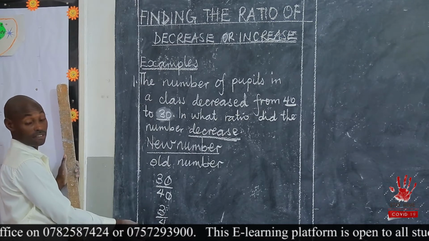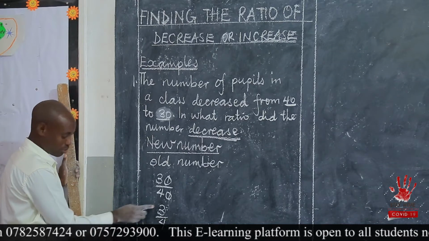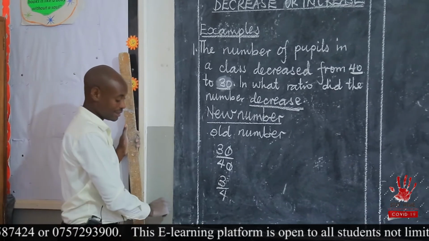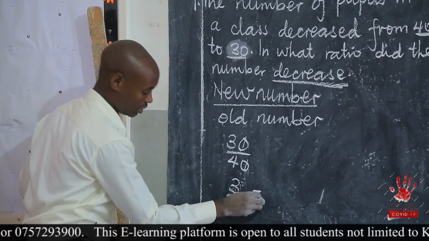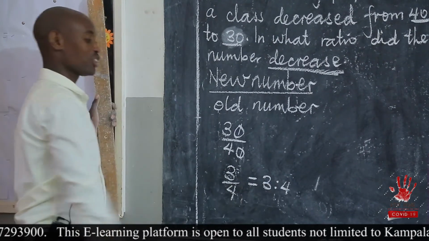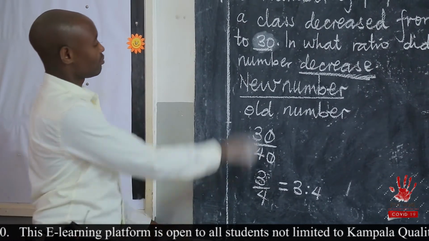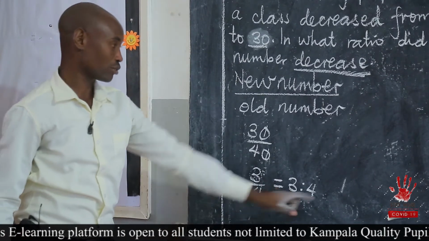Can this fraction be further reduced? We don't have common factors here. So how do we write 3 out of 4 in ratio form? You still remember that? Yes. So 3 out of 4 is going to give us 3 to 4. So it means the ratio in which the number of kids reduced is 3 to 4.